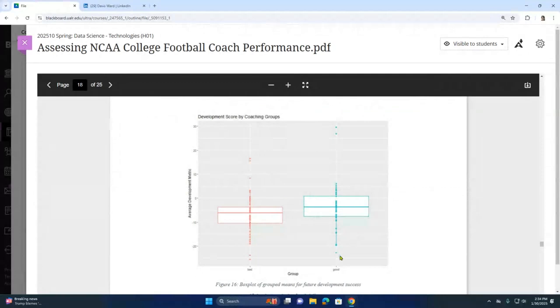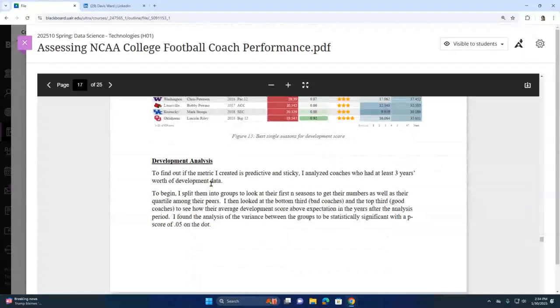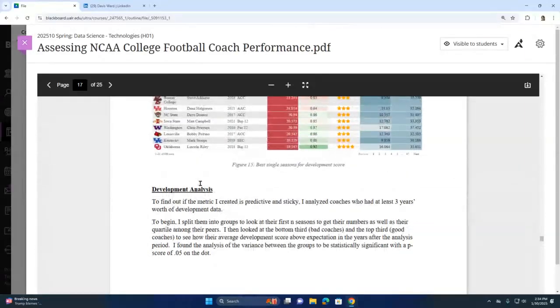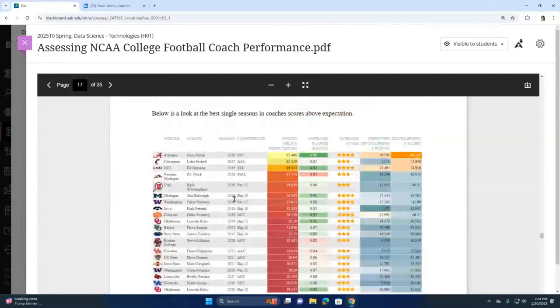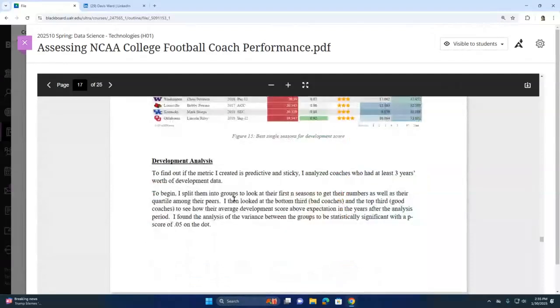In this case, based on his analysis, he looked at using the existing data and basically identifying, again, the top third, middle third, and bottom third in terms of how well the coaches did in terms of their development scores.